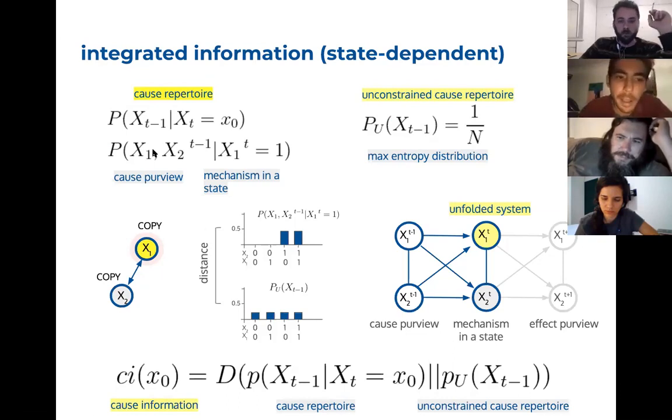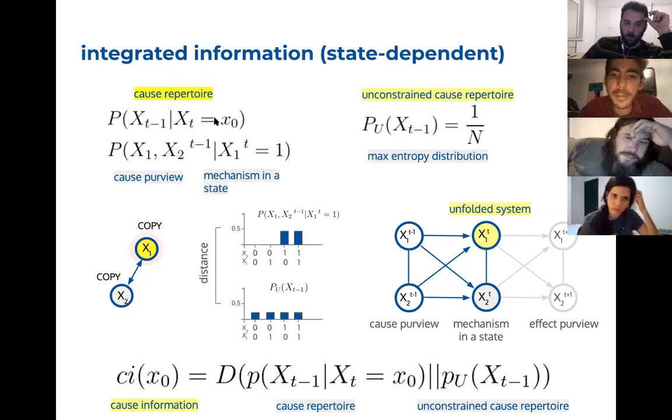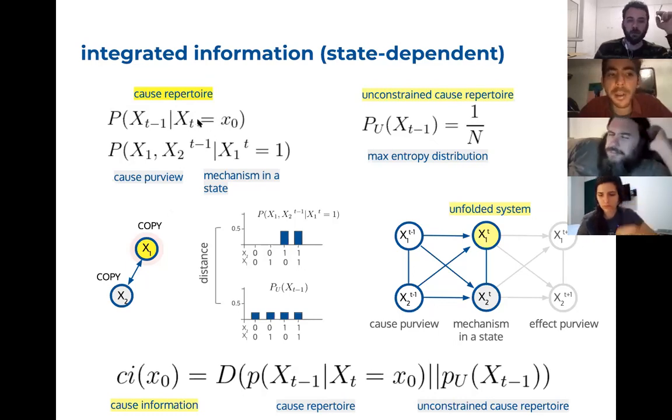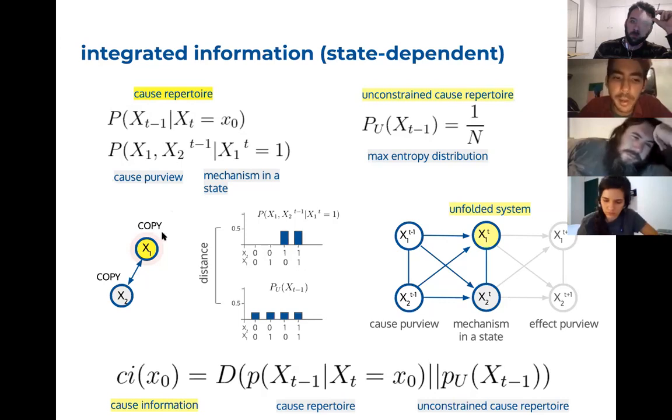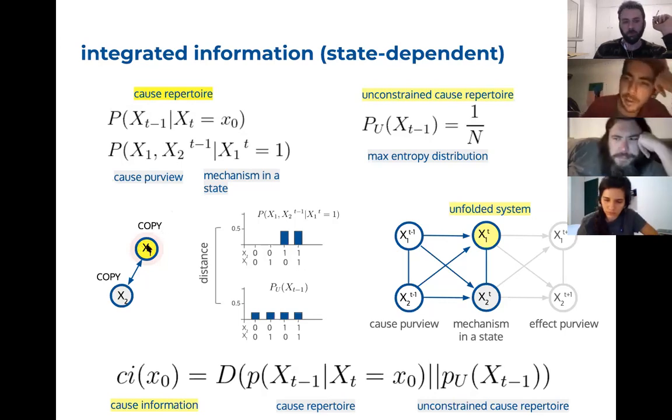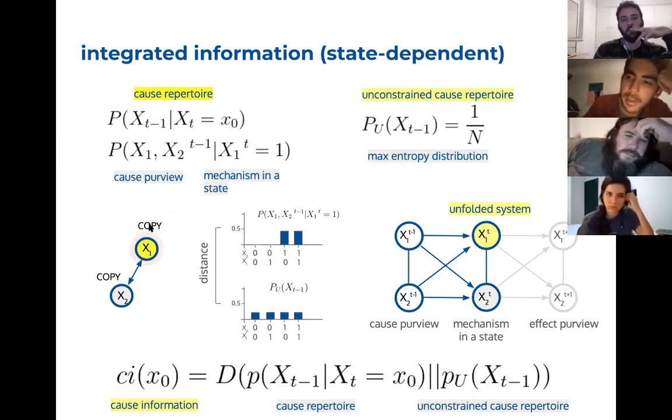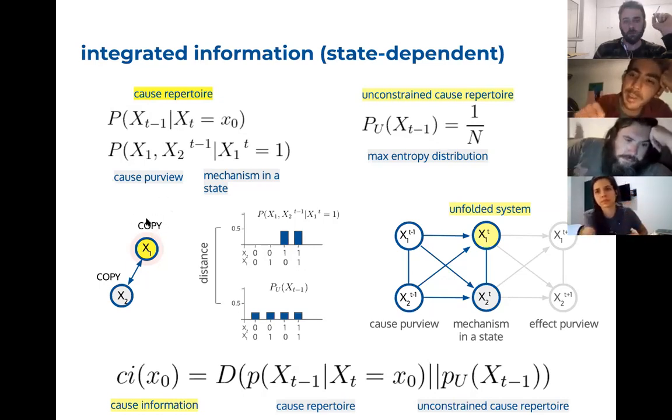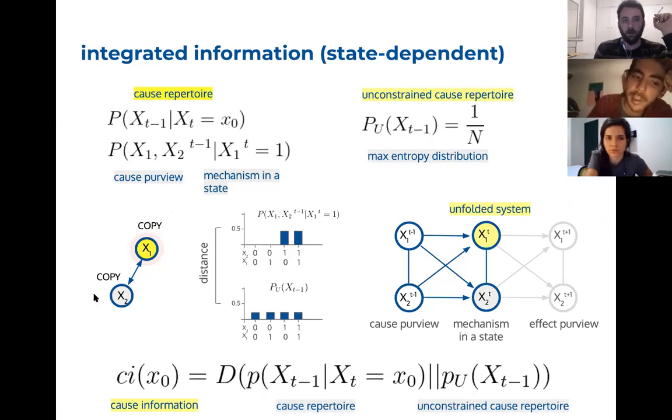And so what is a cause repertoire? A cause repertoire is, given that a mechanism is in a certain state, how it constrains its past states. Take, for example, this unit X1: the fact that it is on tells it that the other unit was on in the past, but it doesn't know what its own past state was, because it just copied its friend, right?